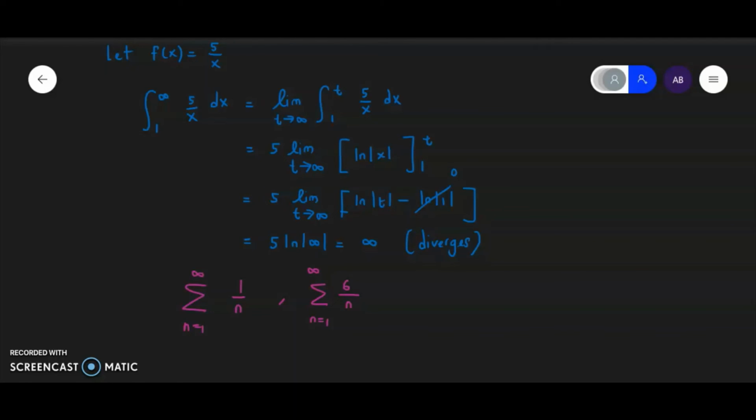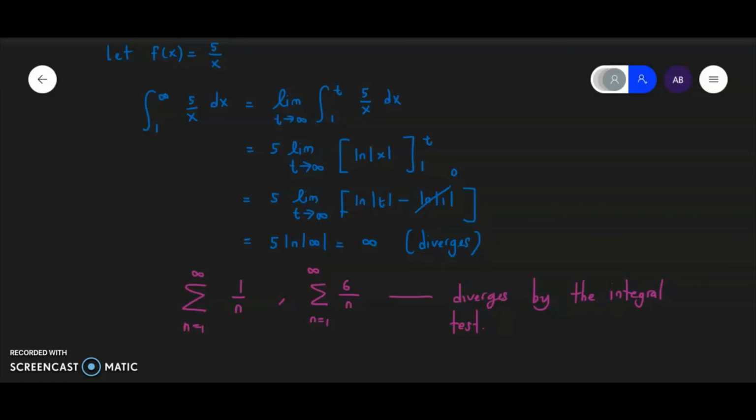It's 1 over n pretty much. They all diverge by the integral test. Okay, but if you use the divergence test, it will be inconclusive, right? But this is a special case where you use the integral test.